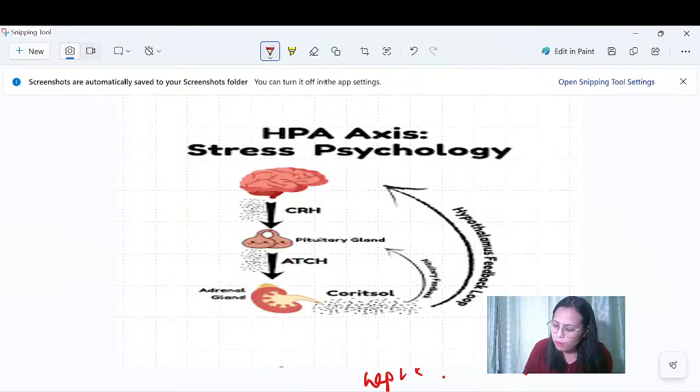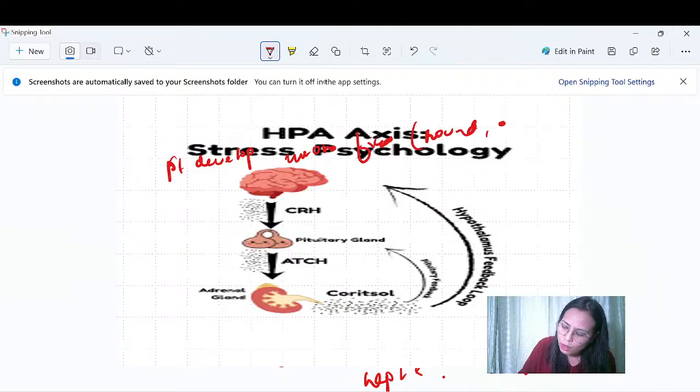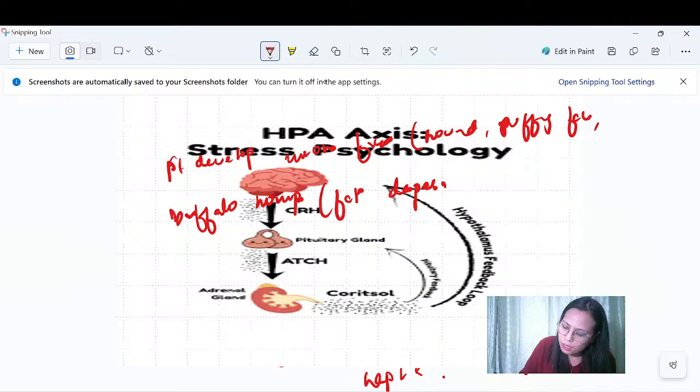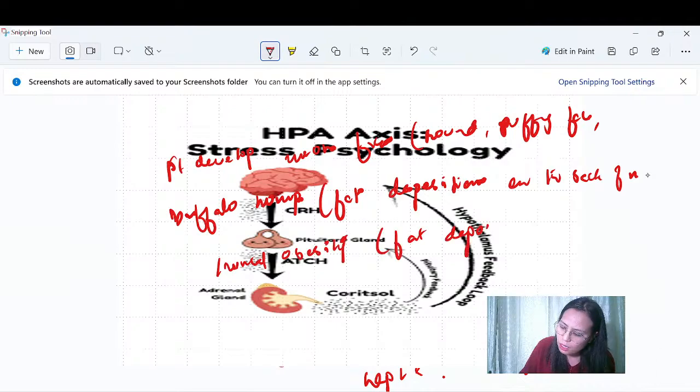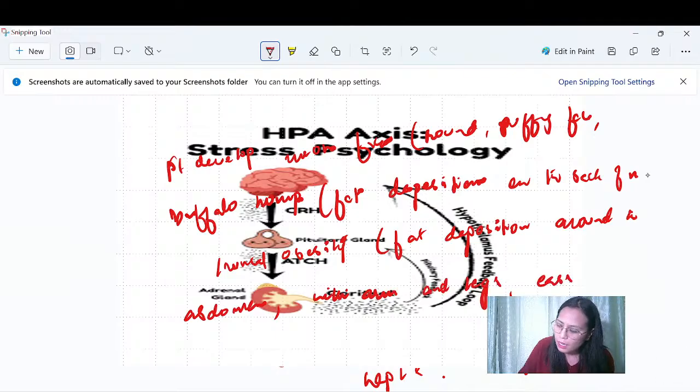The patients develop moon face, meaning a round or puffy face, and buffalo hump, the fat deposition on the back of the neck, and then truncal obesity, fat deposition around the abdomen with thin arms, and easy bruising.